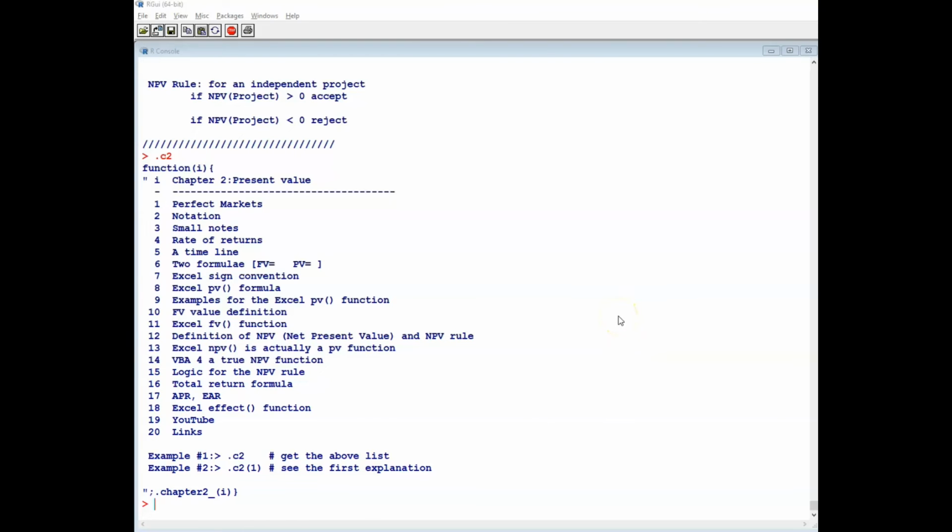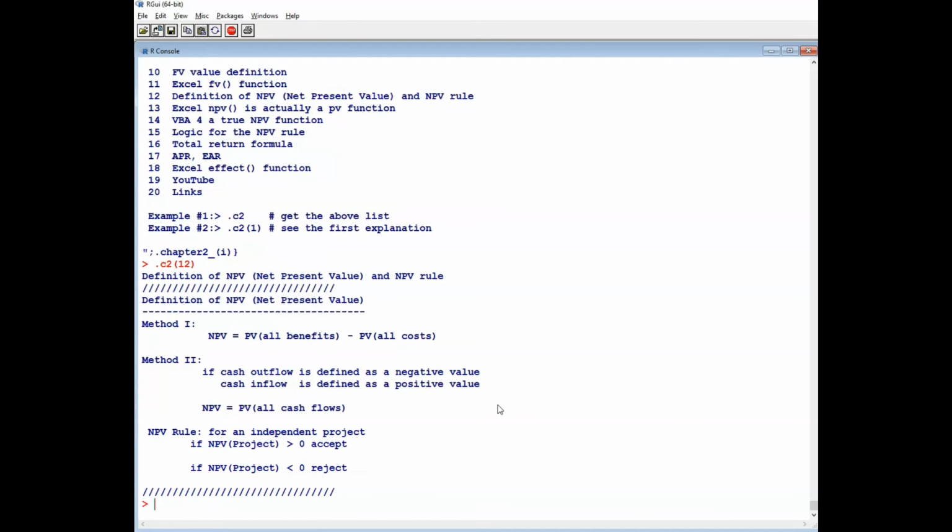The last topic is the definition and how to calculate NPV. Okay, so the definition of NPV, net present value. So this is C212. There are two methods we can define NPV. The first is easy to understand: NPV is simply the present value of all the benefits minus the present value of all the costs.